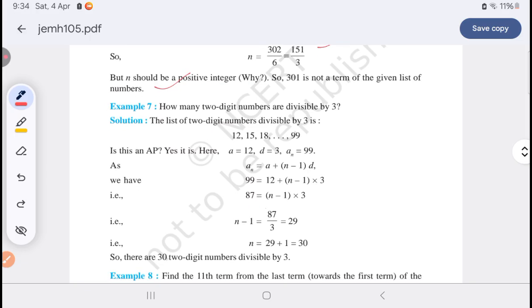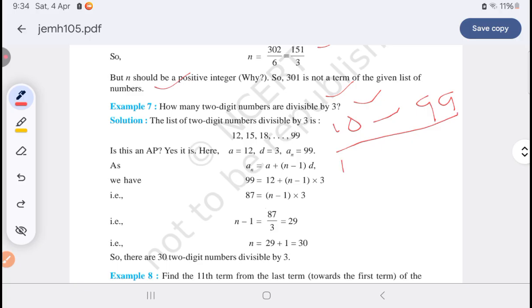Another example. How many two-digit numbers are divisible by 3? So the question here is how many two-digit numbers are divisible by 3. The numbers divisible by 3 start with 12. Two-digit numbers are 10 to 99, but here the question is divisible by 3.